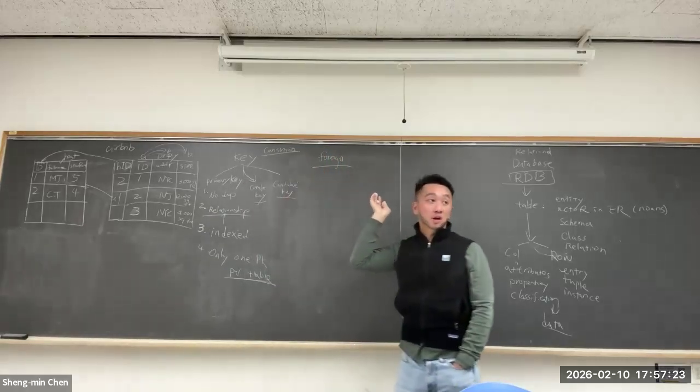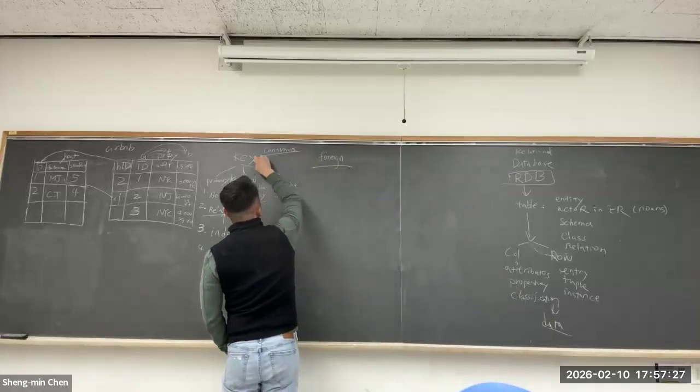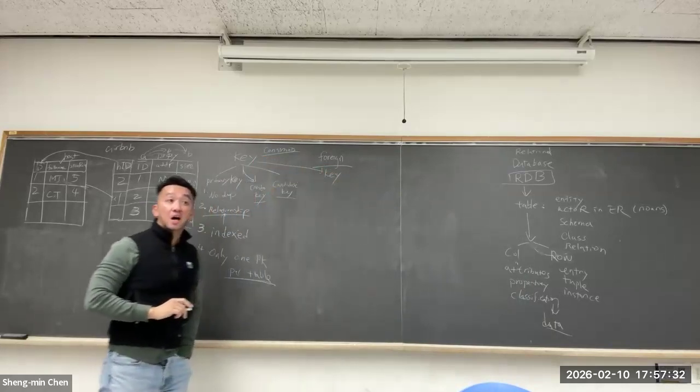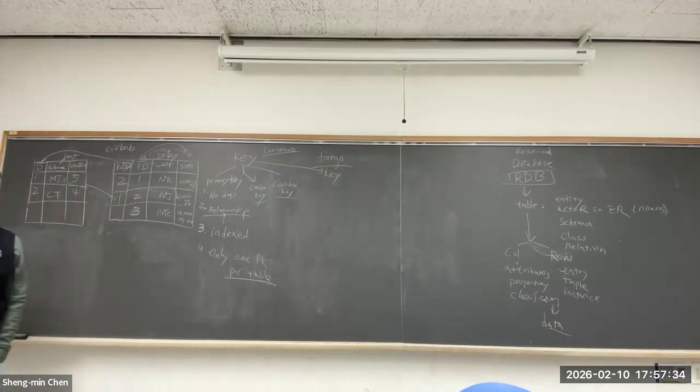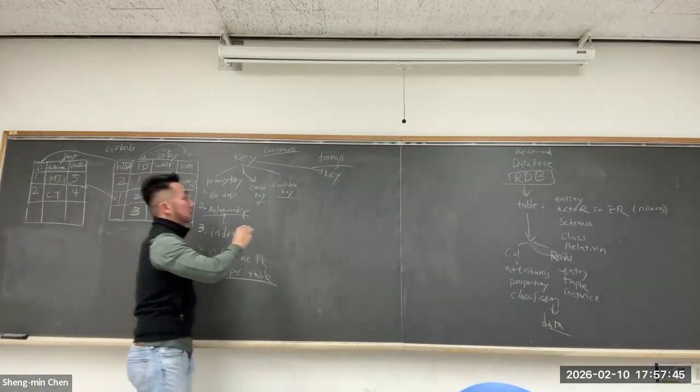We call it foreign key constraints. Under the foreign key constraint, the column that we use to reference from your original table, the reference table, we make this column a foreign key.